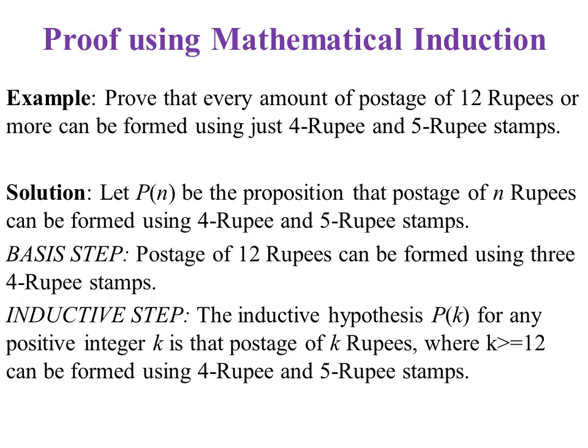Let P of n be the propositional function that postage of n rupees can be formed using 4 rupee and 5 rupee stamps. In the basic step, here we prove only for P of 12. That is, postage of 12 rupees can be formed using 3 4 rupee stamps.